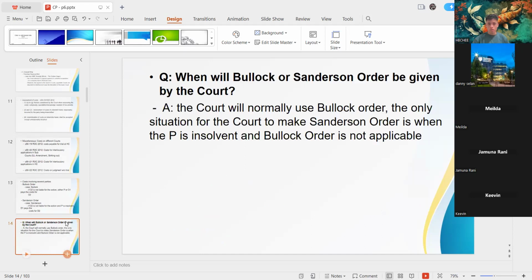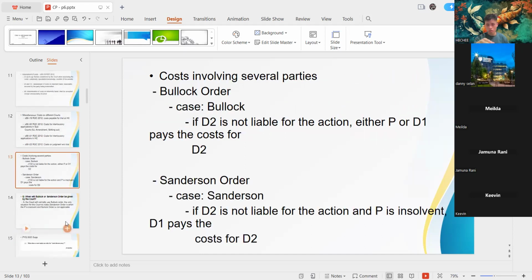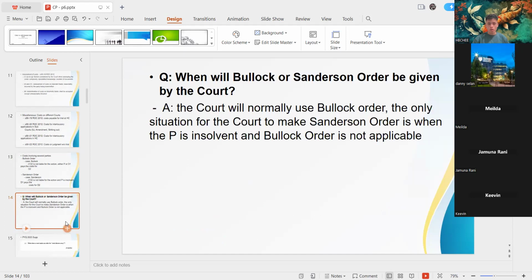So this is how the Sanderson order applies. When the plaintiff is an insolvent party, the first defendant has to pay the cost for the second defendant. And normally, the court will use the Bullock order because not every time we will be facing a case where the plaintiff is an insolvent party. Unless it comes, then the Sanderson order applies. Is everyone okay?